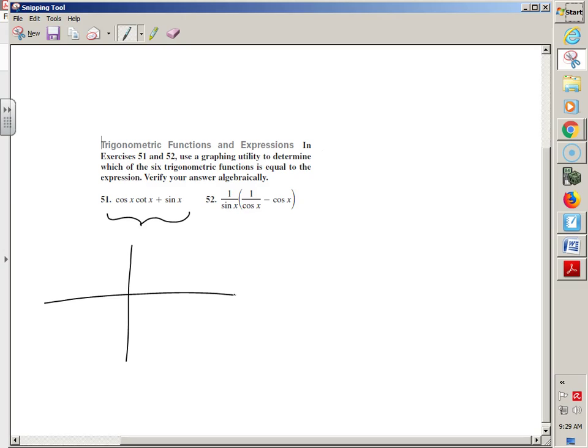Cosine times 1 over tangent, or plus sine? Just put in x's. That's okay. I believe that the bounce-city bounce bounce that you should see, going up 1, going down 1, would be the one where the bounce-city bounce bounce starts away from the axis. Not on the axis, but away.